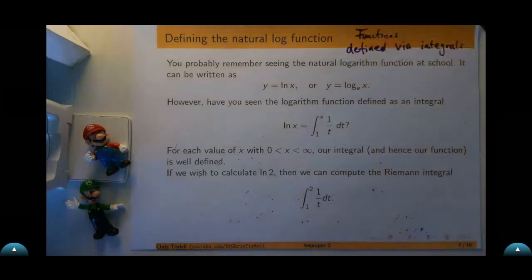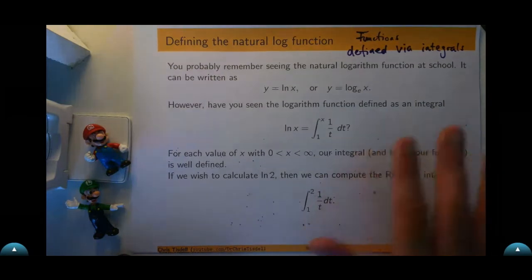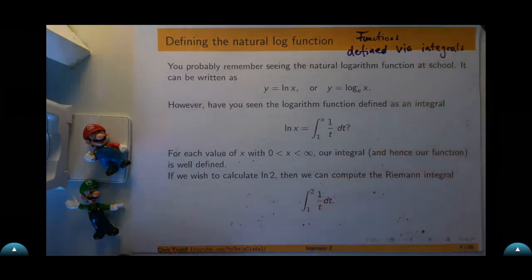Okay, so there are some integrals that are so important, we actually give them a name. And like a lot of stuff in this course, some of this will be familiar to you.